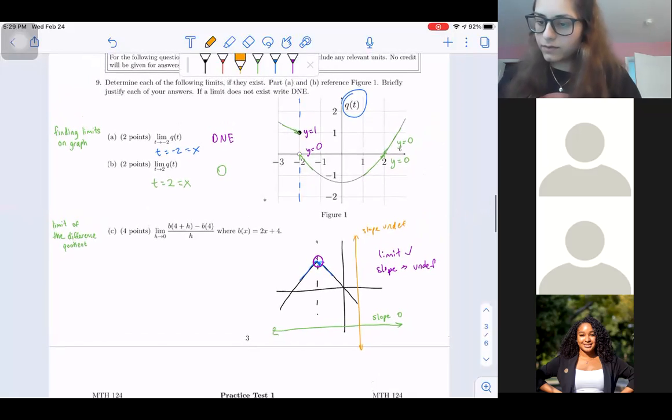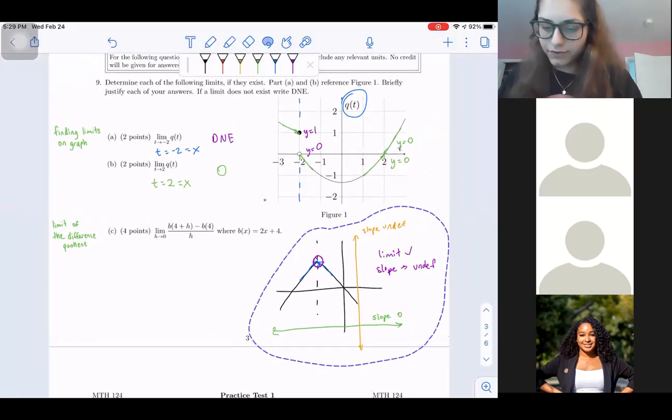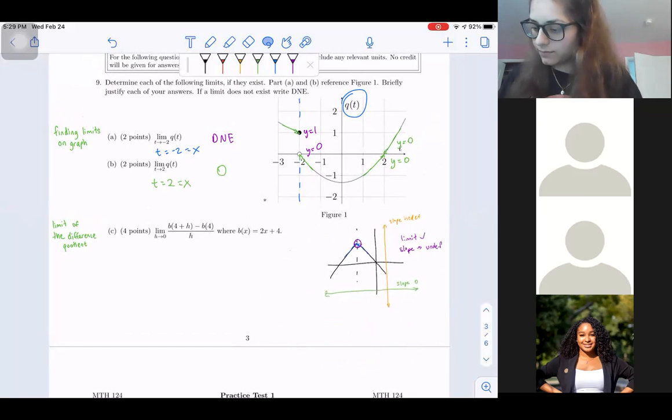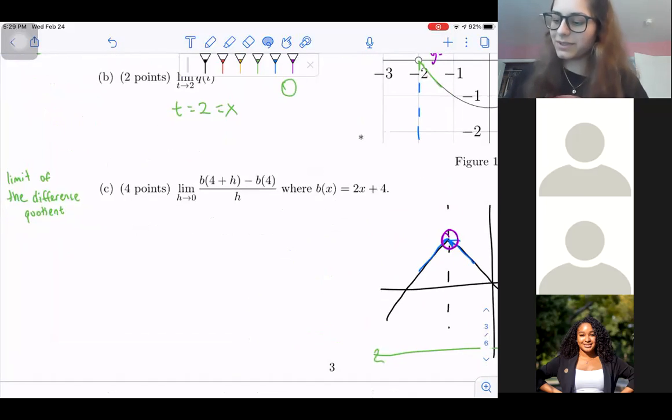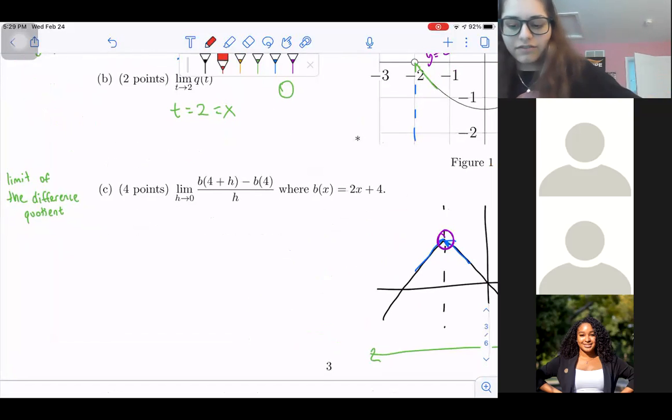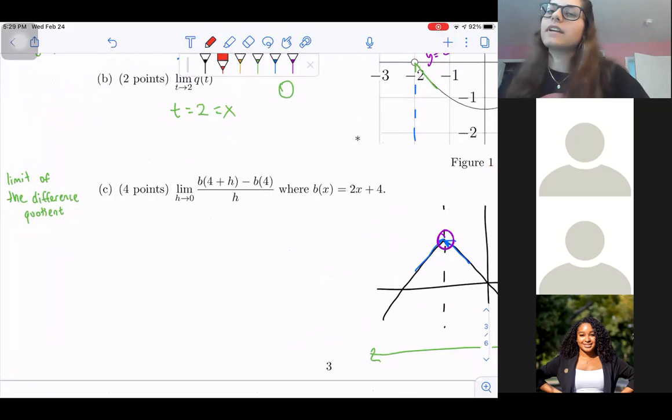All right, so next up we have to do part C. Okay, whatever, it's fine. We'll work around it. So this is the limit of the difference quotient. This is what we were doing a week or two ago. It's still taking the derivative, but it's a really long way to do it.